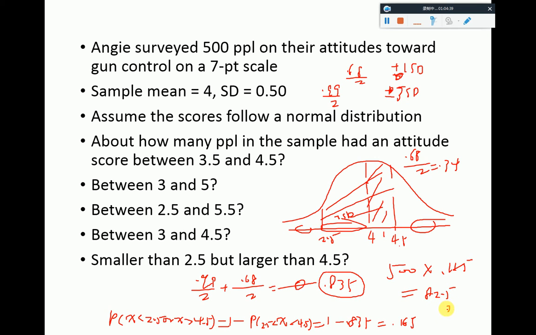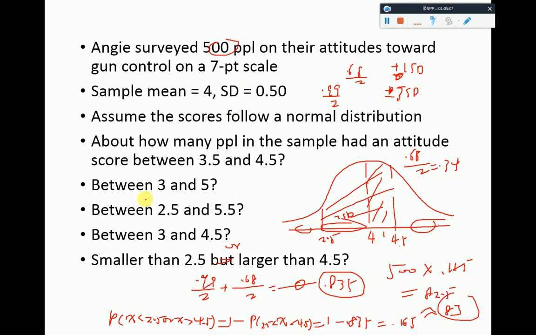So about 83 people from this sample of 500 people would score below 2.5 or greater than 4.5. Okay, so this is how we make use of the empirical rule, right, to describe the sample. Isn't it very useful and cool?